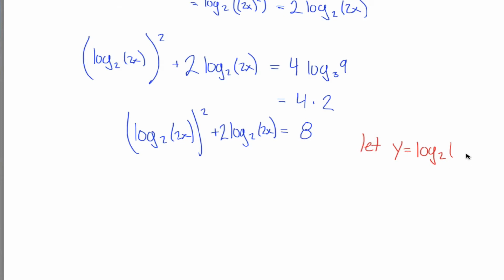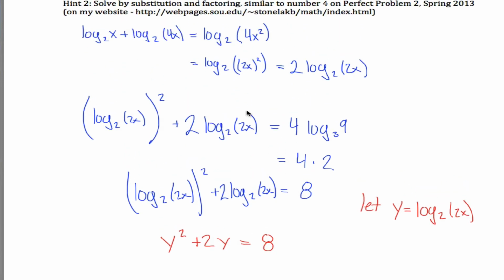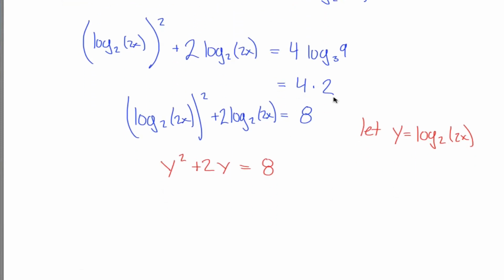Let y equal log base 2 of 2x. If you do that, then you can rewrite this equation. Really what you have is y being squared, because log base 2 of 2x is y. Then over here you have 2 of these y's. And y squared plus 2y equals 8. That's an equation that looks a little bit less intimidating than this mess of an equation up here.